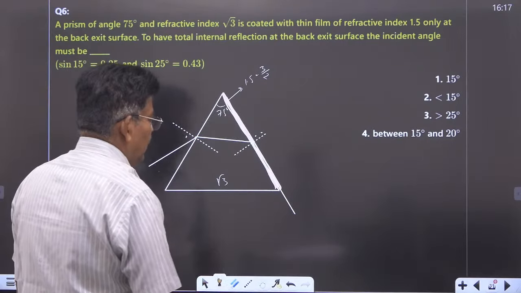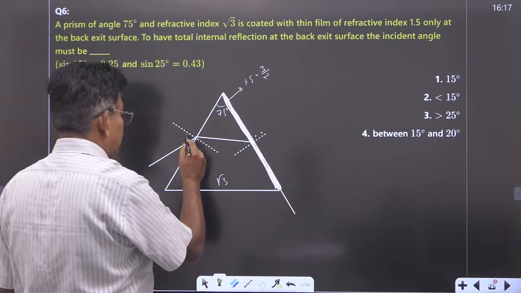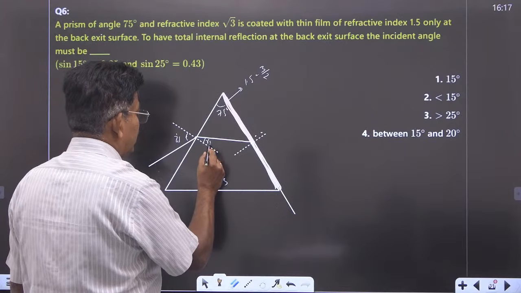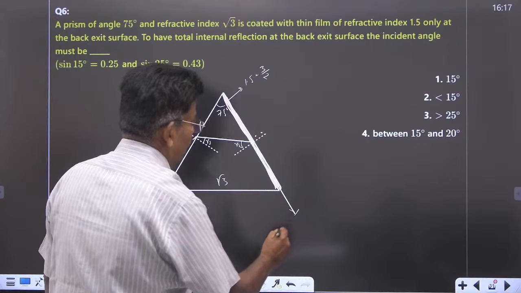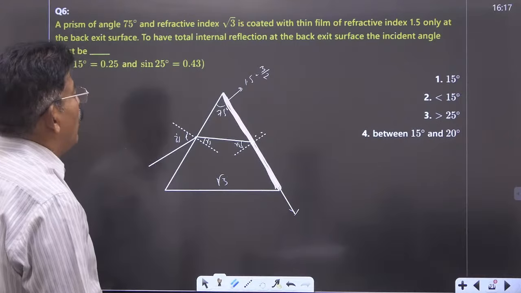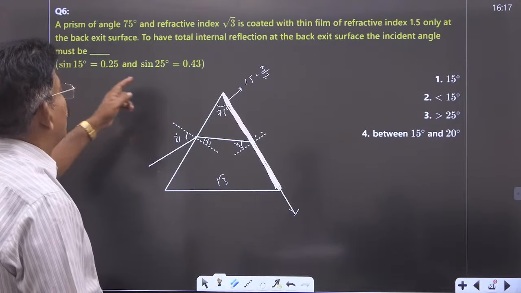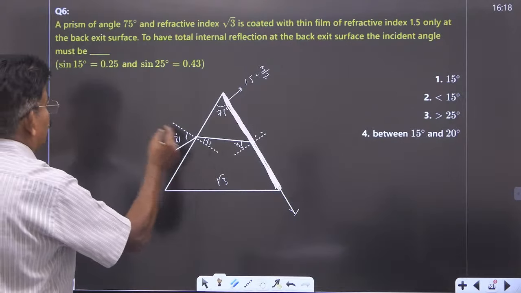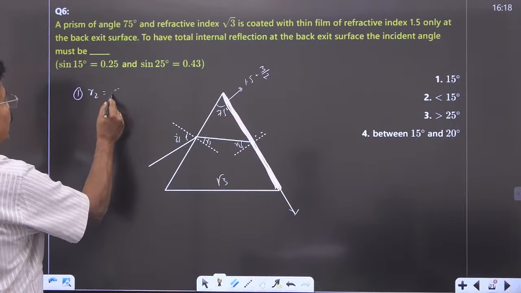Okay, tell me: this is the angle of incidence, i. This is the angle of refraction at the first surface. This is the angle of refraction at the second surface. It is mentioned that this is root 2, and that it is undergoing just total internal reflection at the second surface. So I can say that r2 comes to be the critical angle.